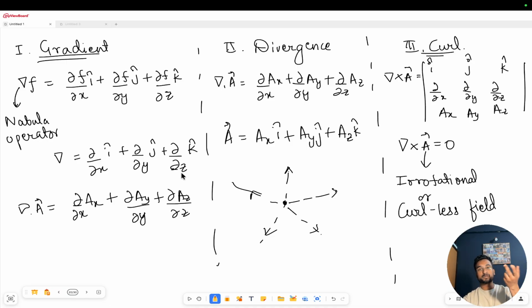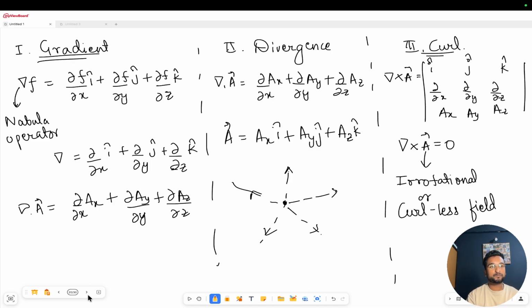Gradient is the maximum rate of change of your scalar field in a particular direction, divergence is how much a vector field is diverging from a given point, and curl will give you the amount of rotation that the vector field is having.